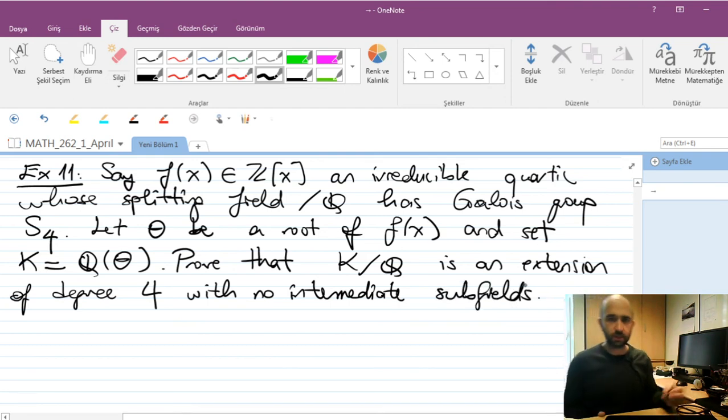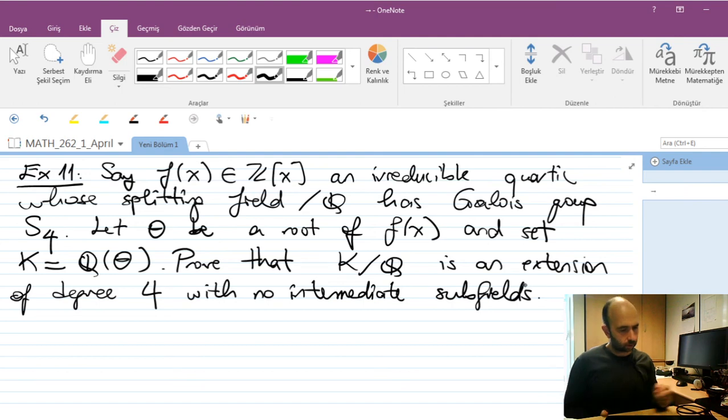So there's nothing between K and Q. Now, the question has one more sentence in its statement, but let me skip that. Let's do this for now.